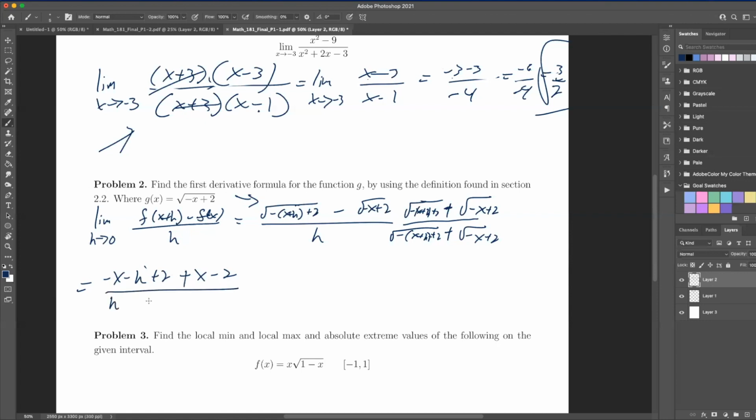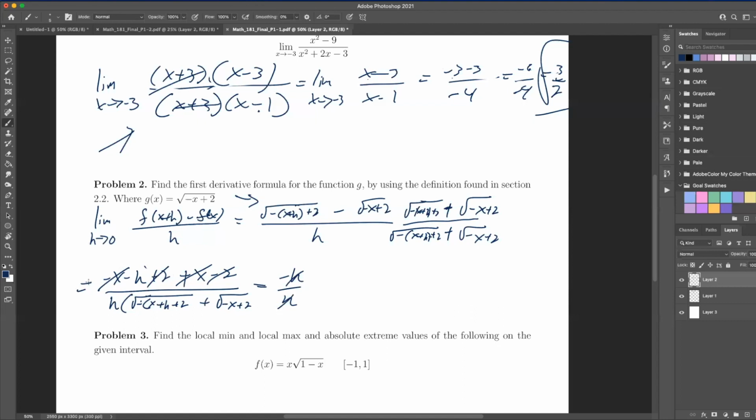All over h times the square root of negative x plus h plus 2 plus the square root of minus x plus 2. Okay, so this cancels out this. This cancels out this. So I have a negative h on top and an h down below. And so those h's cancel. So I'm just left with a negative 1 up top.